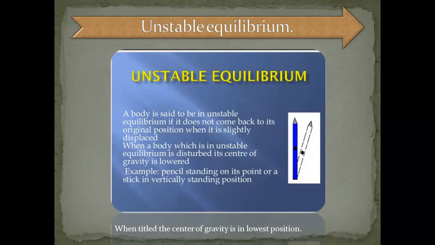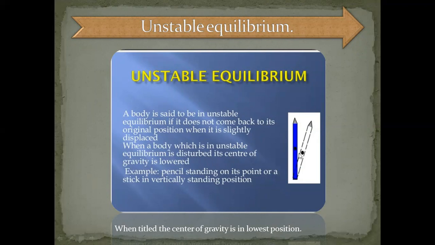In unstable equilibrium, a body, when disturbed, is not able to come back to its previous position. A body is said to be in unstable equilibrium if it does not come back to its previous position when slightly displaced. In the stable state of this body, its center of gravity is at its highest position.